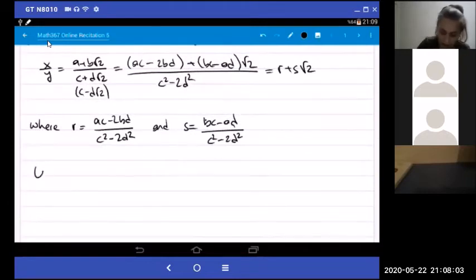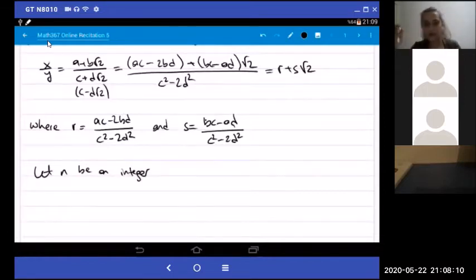It is not just a straightforward proof. We have to do some manipulations.